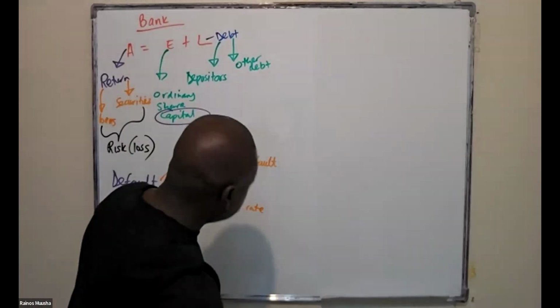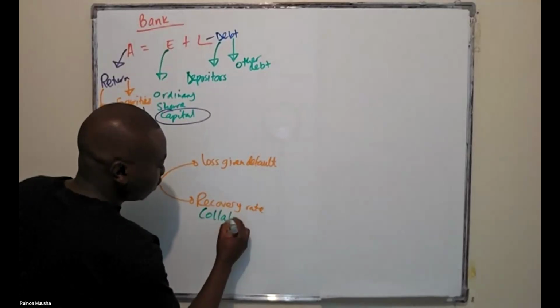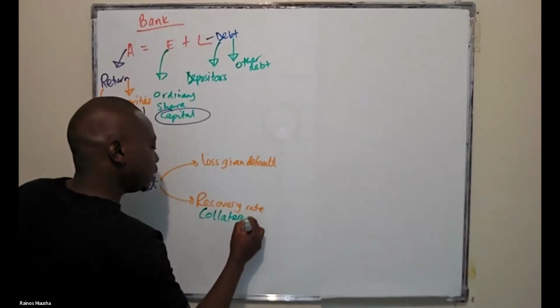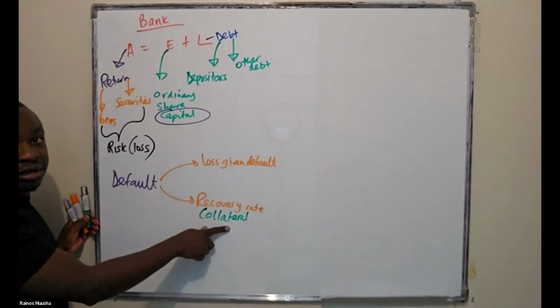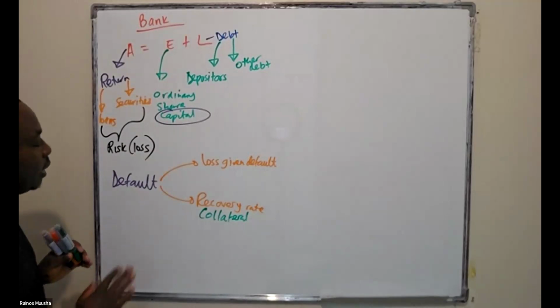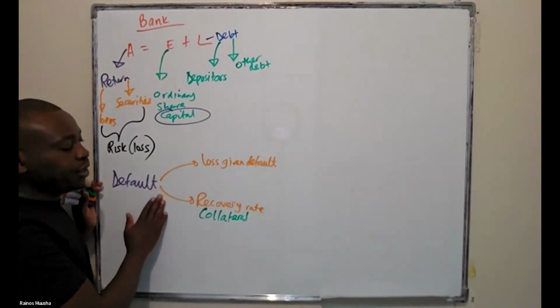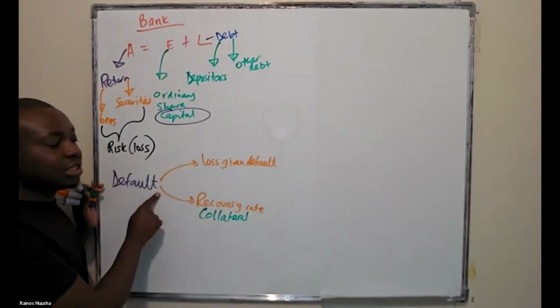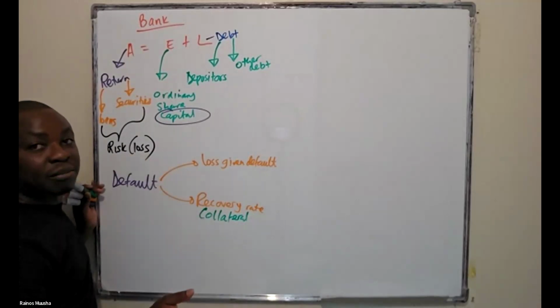So in the case where there is collateral, how much of this collateral are we going to be able to recover? Let's say, for example, our customer is owing us 10 million. Of the 10 million, the customer is not able to repay us our money.